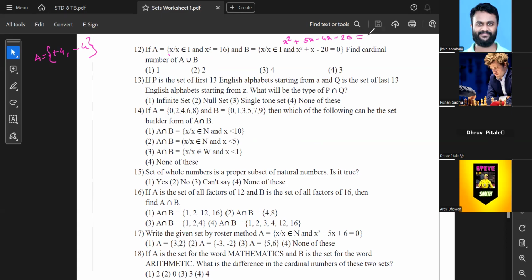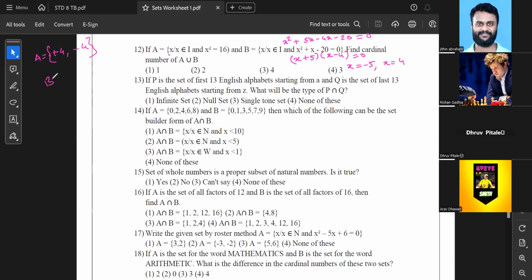I'm solving it in shortcut. The factors are going to be x plus 5 and x minus 4, which gives x equal to minus 5 and x equal to plus 4.